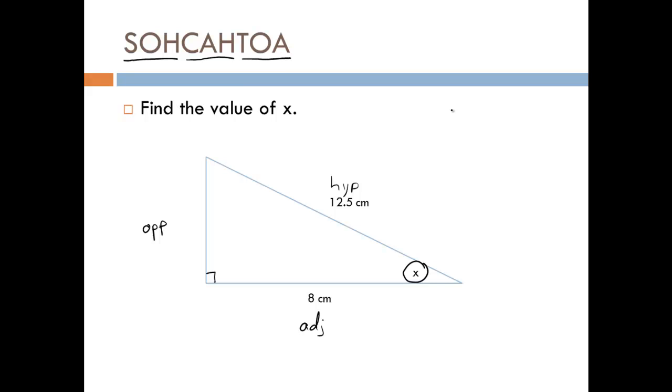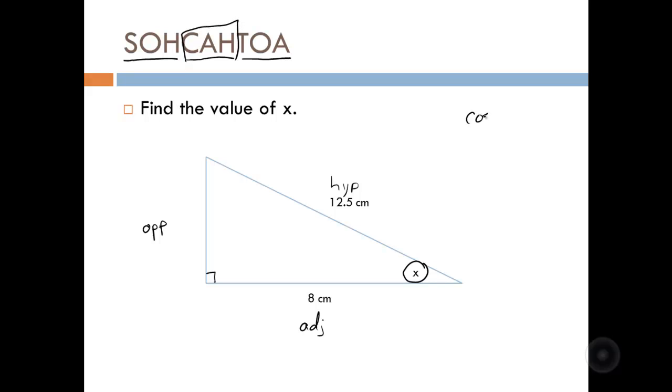So looking at this example, we have our reference angle, which is x, and we are given the adjacent side of 8 centimeters and the hypotenuse of 12.5 centimeters. So when you have adjacent and hypotenuse, that tells us that we're dealing with cosine.